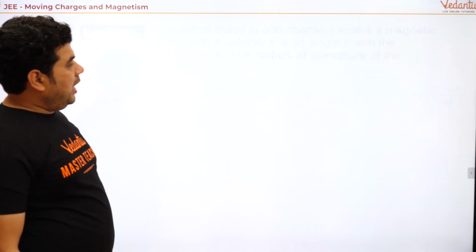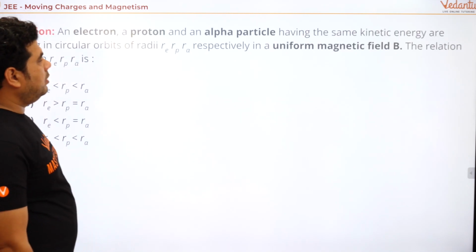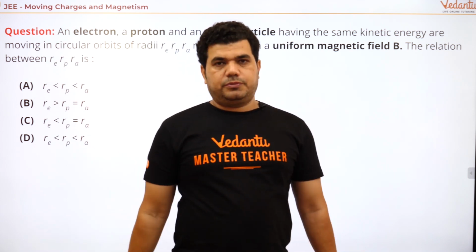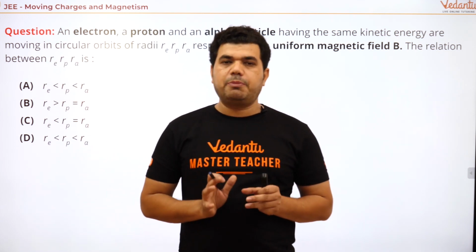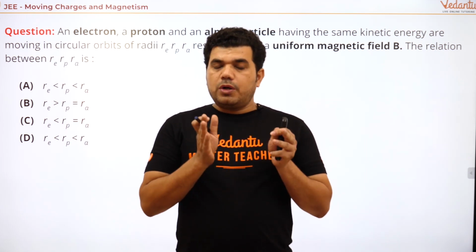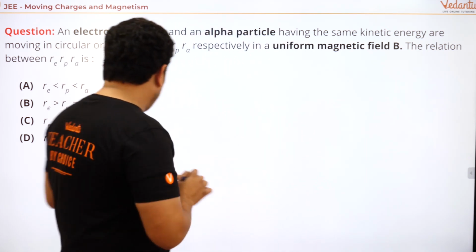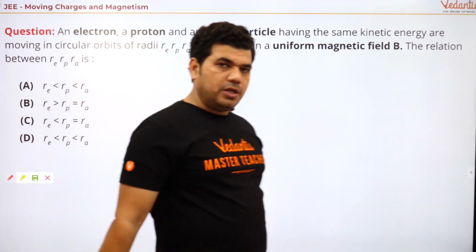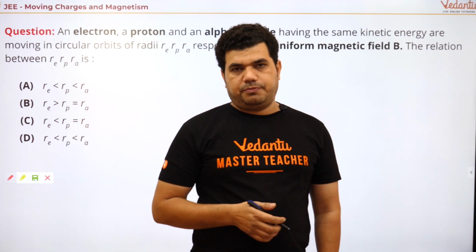So we have another question like this, again for radius of curvature. So let's cover some theory part also here. How do we calculate the radius of curvature here? Here we have many radius of curvatures.